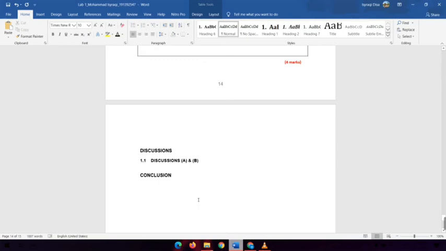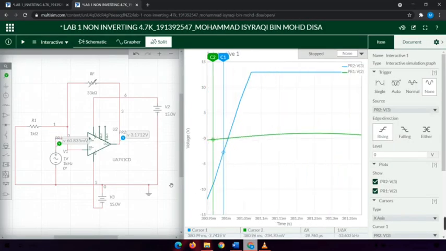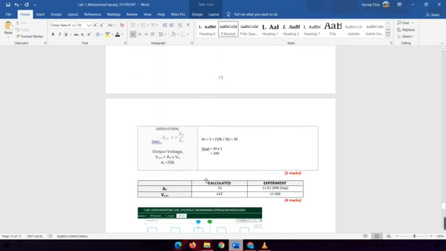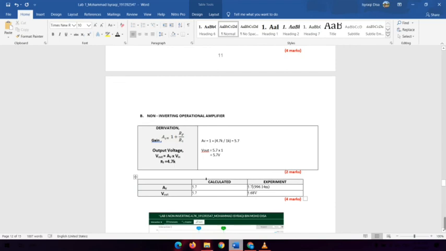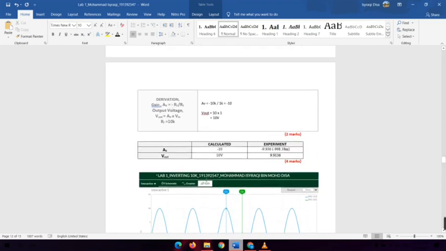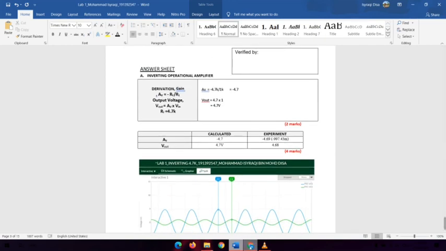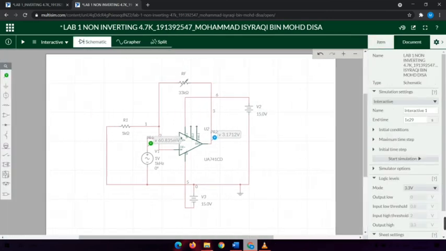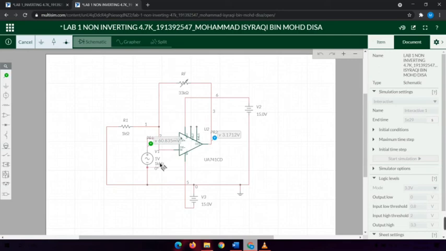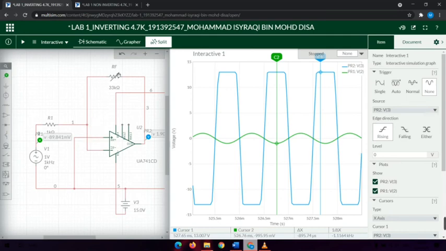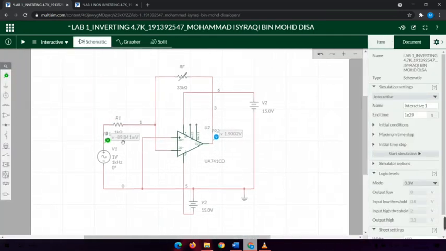For the discussion of the inverting amplifier, first we connect all the components based on the lab sheet, with the AC voltage connected to the negative input of the op amp after R1.